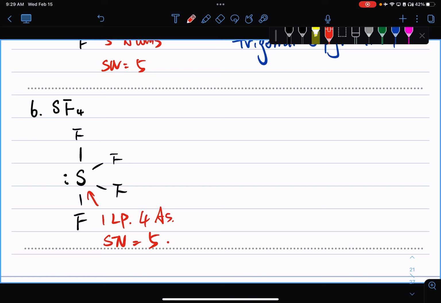It looks a little bit like a seesaw. We'll draw it together. So what we have is a sulfur in the center. And note that in this geometry, your lone pair is always in the equatorial position. And then the atoms are in the axial position.